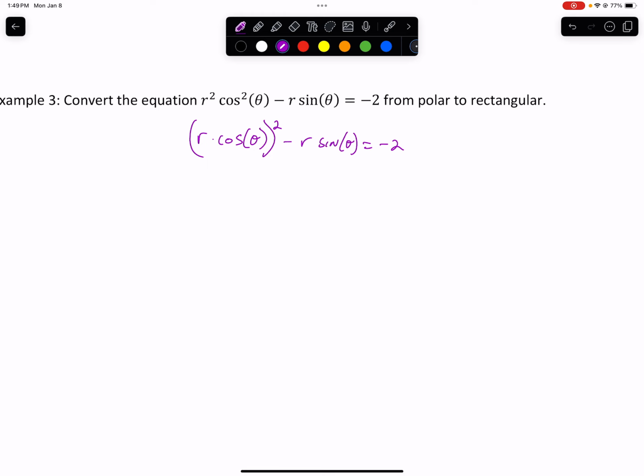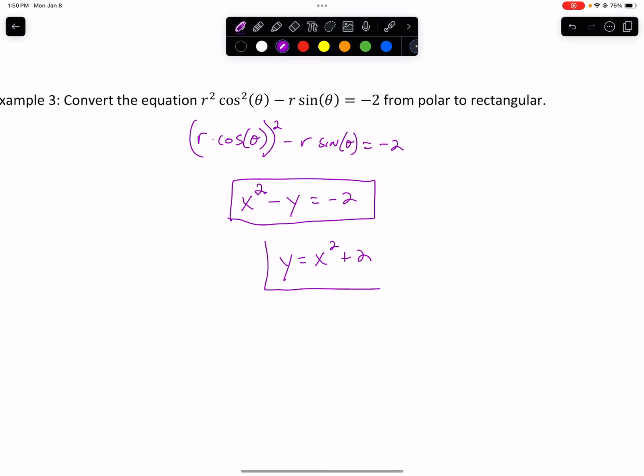Now I can use those identities again. R cosine of theta is x, so it's x squared. R sine theta is y. So there's our rectangular. And again, if I wanted to graph it, it's easier to solve it for y. So I add y, I add 2, and this would be the same thing. It's going to be this parabola shifted up 2.